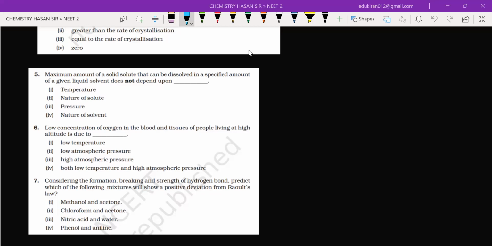Very good. The fifth one is correct. The sixth one is also correct. And the seventh one is also correct.